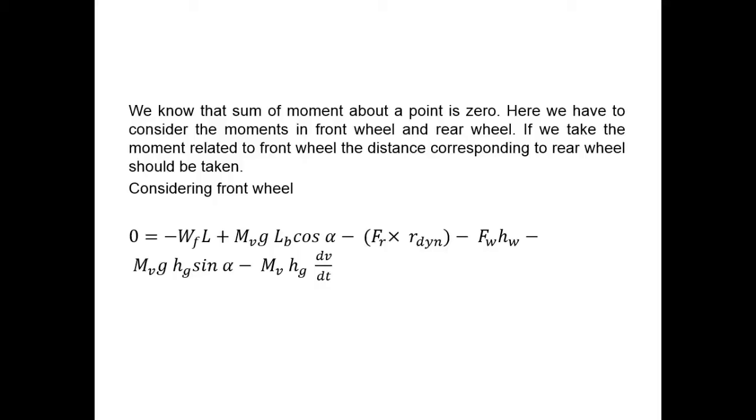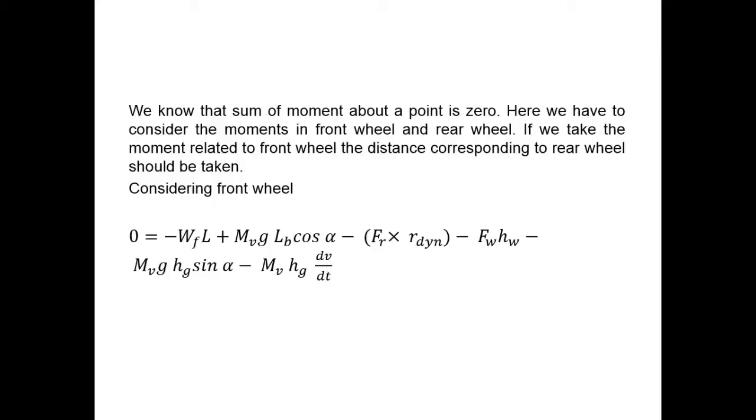This expression consists of the rolling resistance part Fr into R dynamic, the aerodynamic part Fw Hw, the grading resistance part MV g Hg sin alpha, and the acceleration resistance part MV dv by dt Hg.